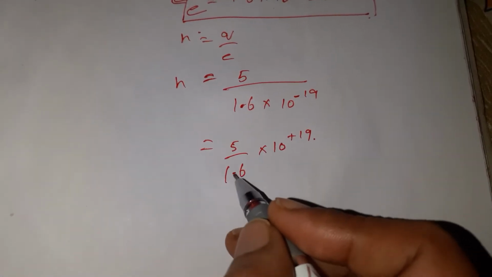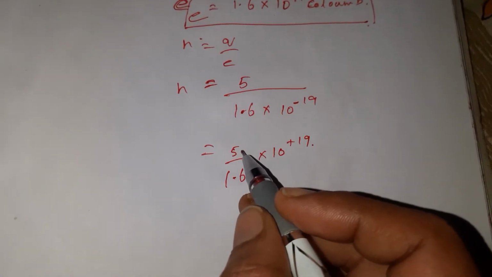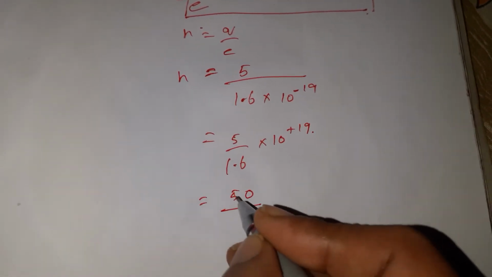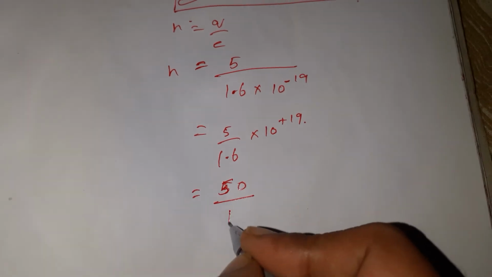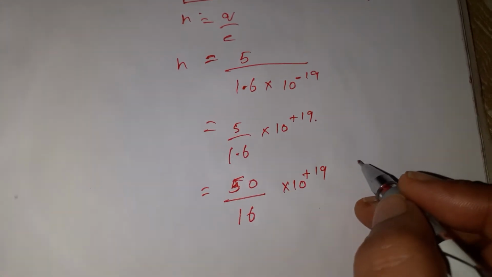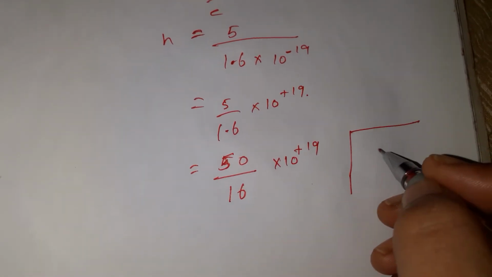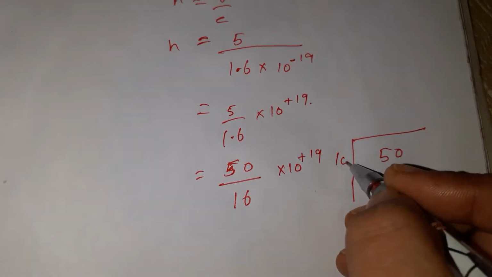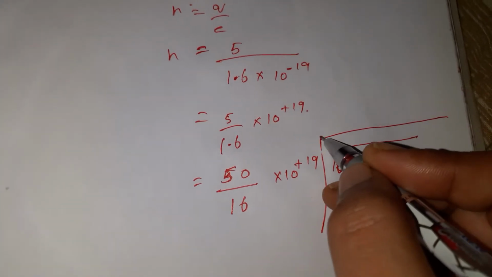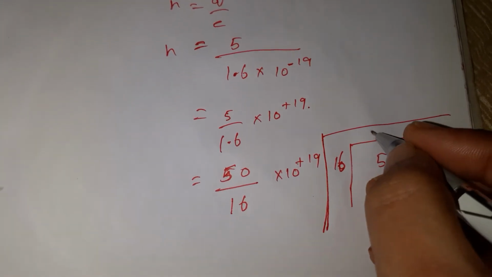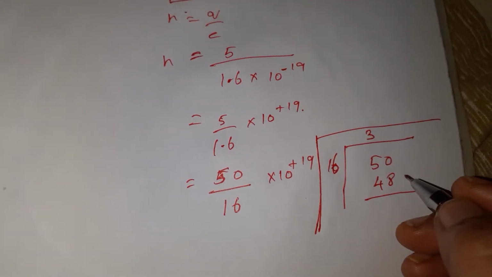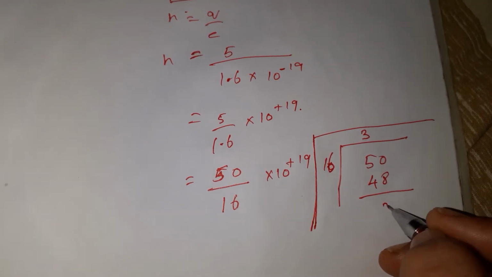In order to remove the decimal, multiply it by 10 and divide it by 10, and you will get 50 divided by 16 into 10 power plus 19. 50 divided by 16: 16 3s are 48. Subtracting 48 from 50, we get 2.